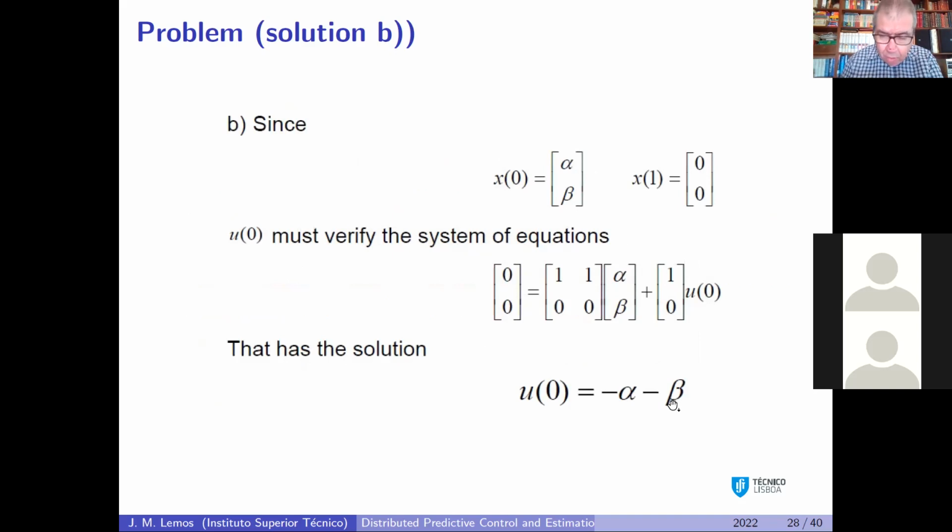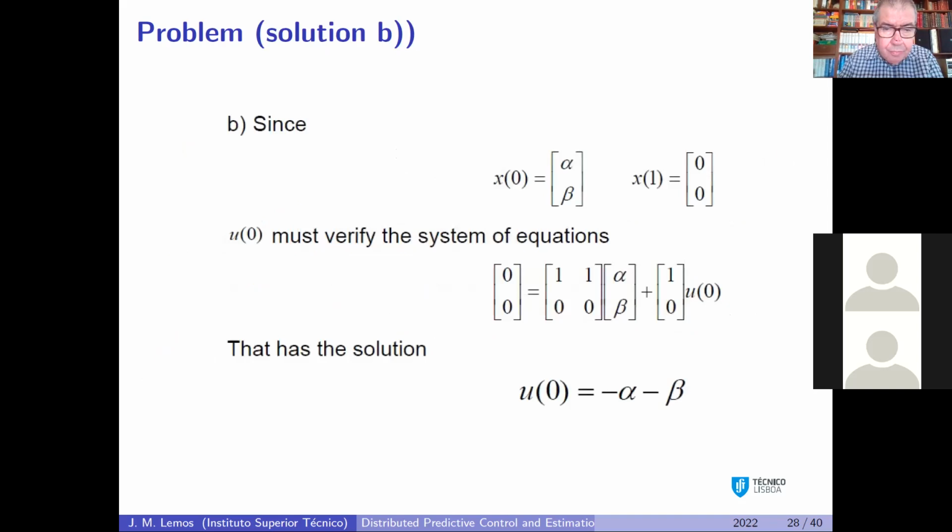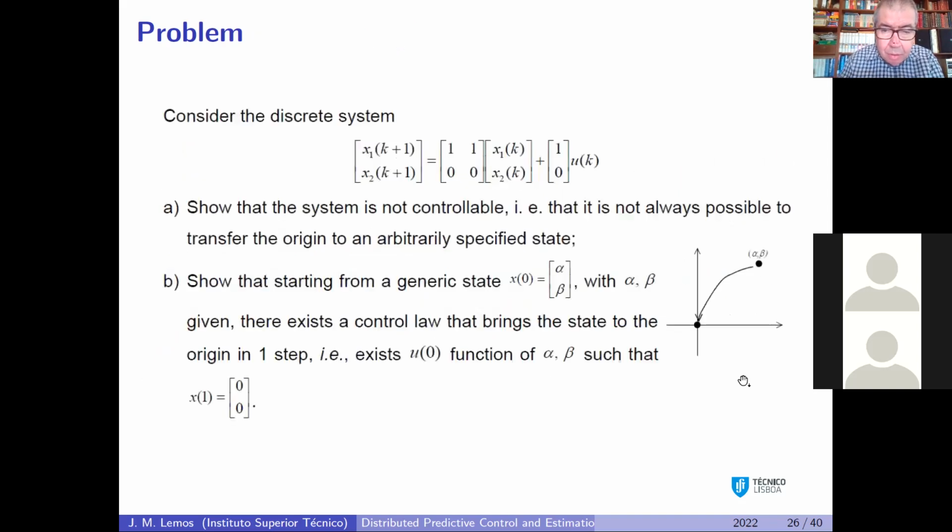Okay, so from any point, you are able to reach the origin. From the origin, you may not reach all the points. There are points that you cannot reach. But from any point, whatever you choose, you will always be able to reach the origin.